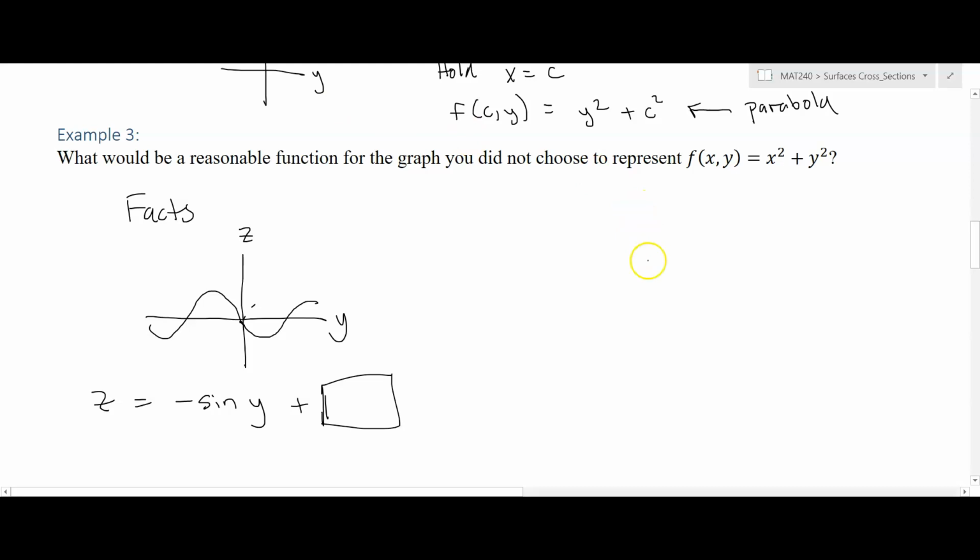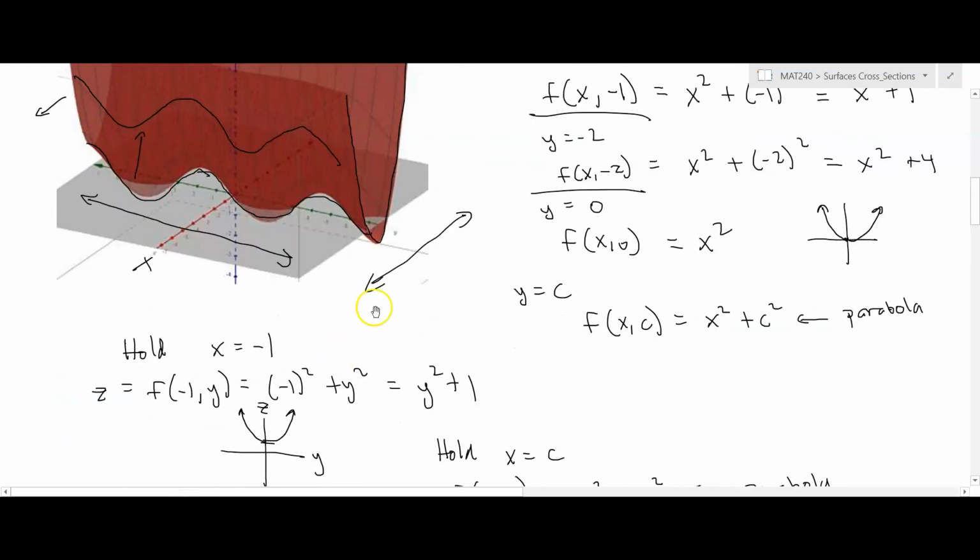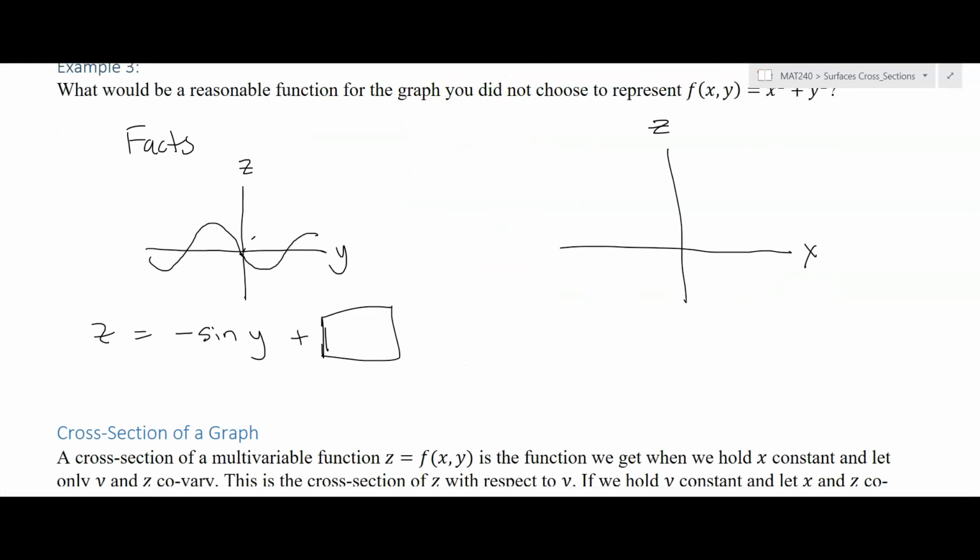I also know that if I looked at the graph of z versus x, so what that's going to be is now we're looking at this red axis. If I scope down the y-axis and hold it constant, what I should see is something that looks parabolic.